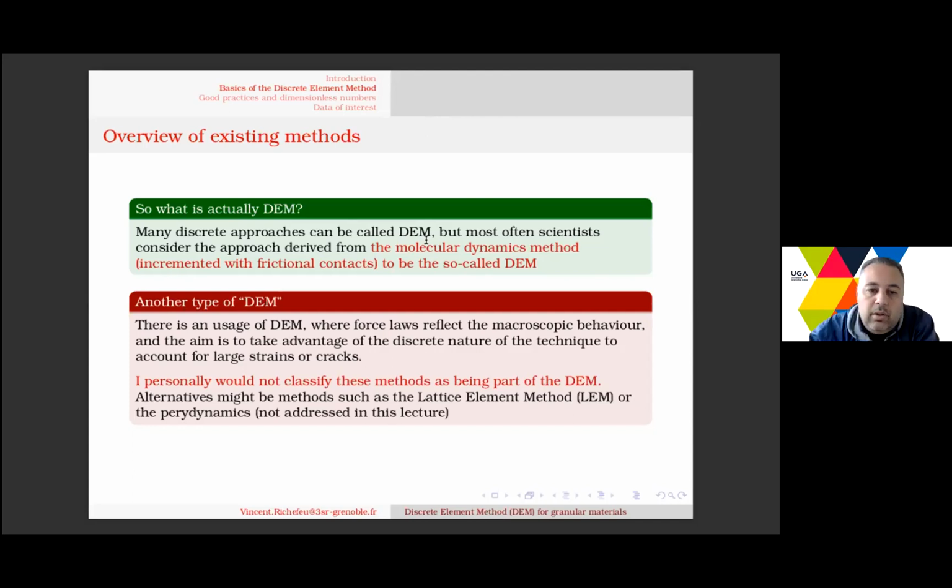If you want to use the DEM to do such a thing, I would suggest to use instead a method which is made for that. For instance, the lattice element method or peridynamics, which is made to model continuum and which is able to handle also cracking, crack propagation, etc.